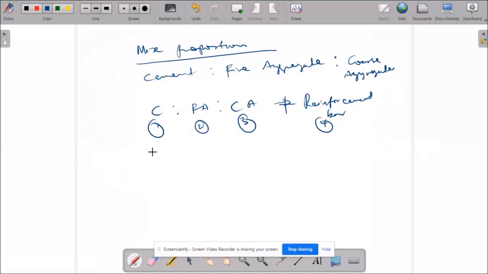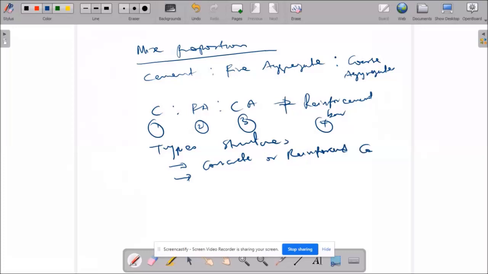But in structural design, we consider the design of different types of structures. One, we design structures in concrete or reinforced concrete.